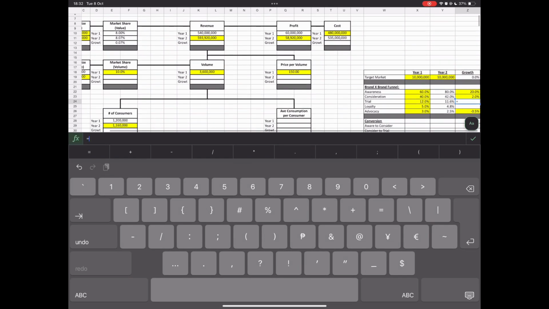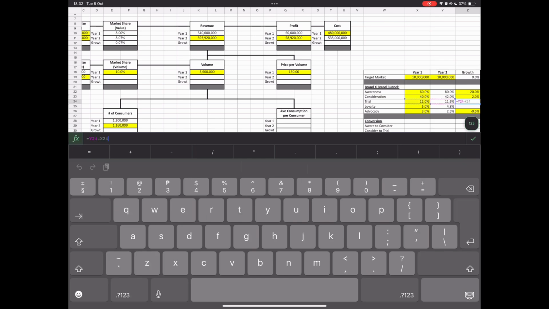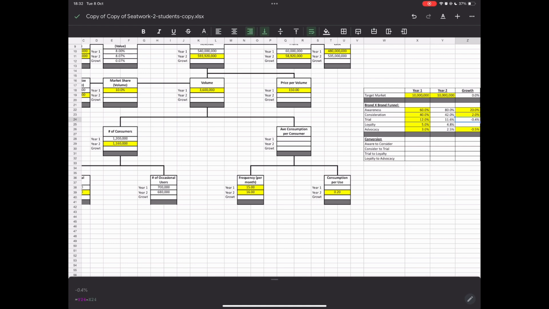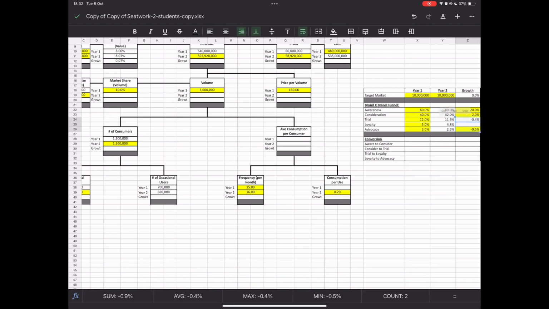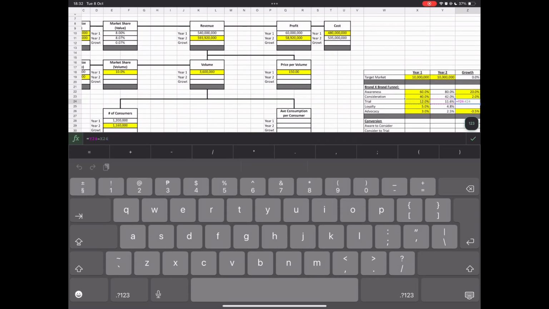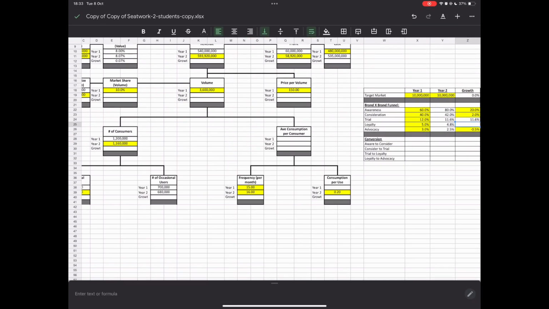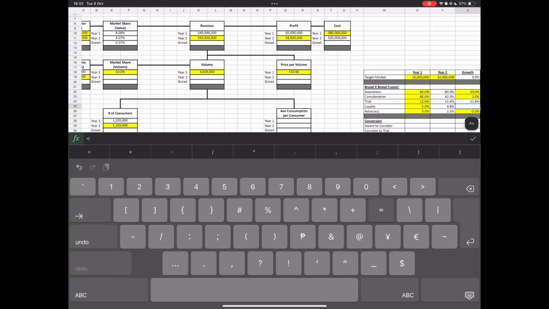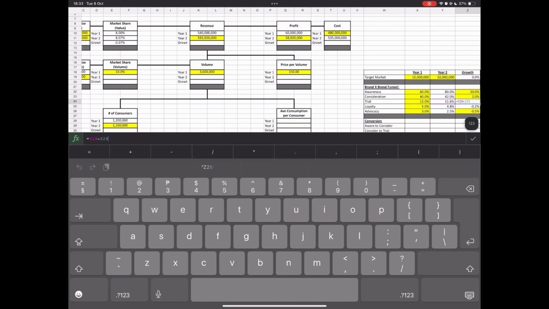And then when you're adding and subtracting percentages, it's really just year 2 minus year 1. And then you just do the same at the bottom. Year 2 minus year 1. Year 2 minus year 1.